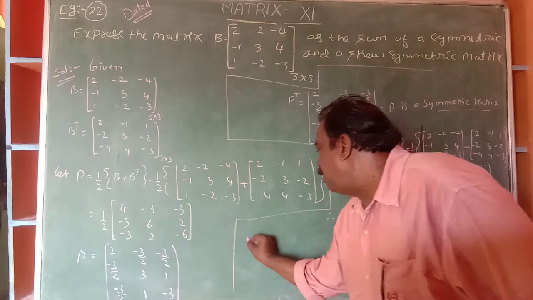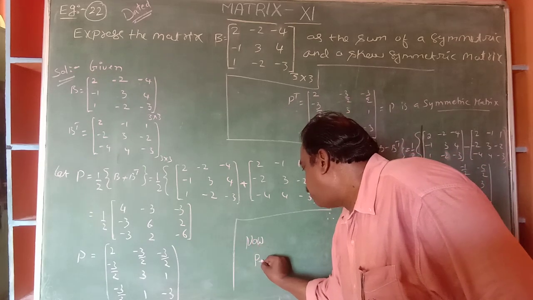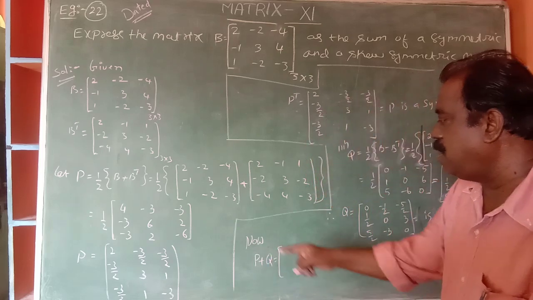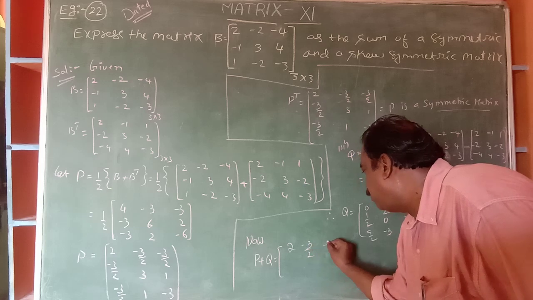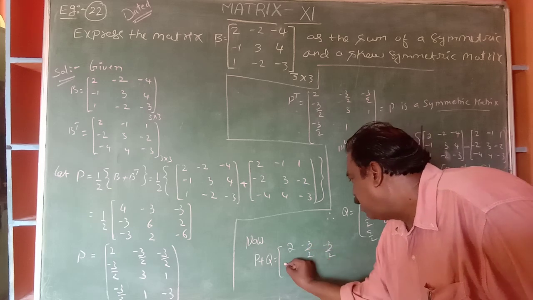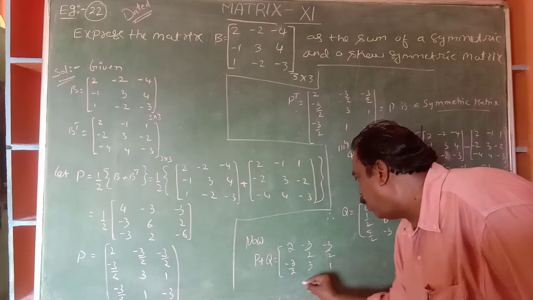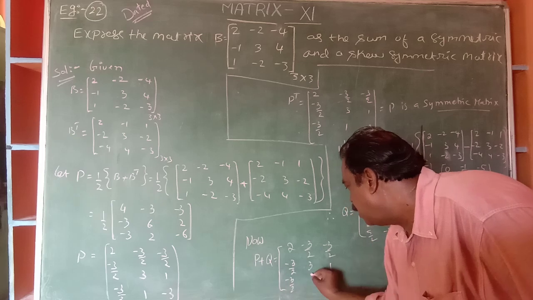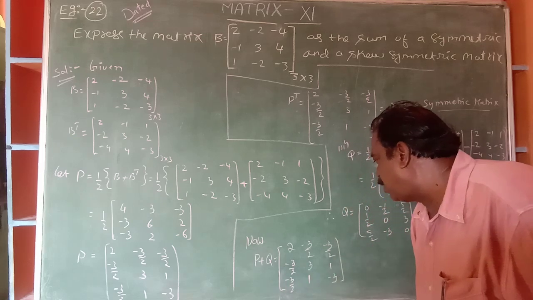Now see, now what is P plus Q? We will solve it. P is 2, minus 3 by 2, minus 3 by 2; minus 3 by 2, 3, 1; minus 3 by 2, 1, minus 3.